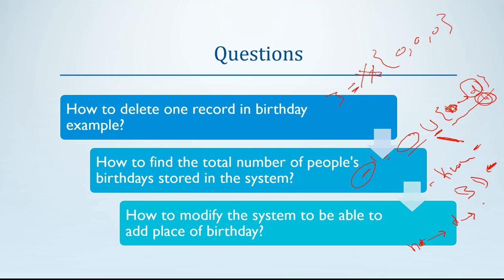We can add another relation, the place of birthday. We can do it like this. Or we can say now we have a relation between the name and the date. This one, name and date. So we add another relation, which is name and place. So many options.